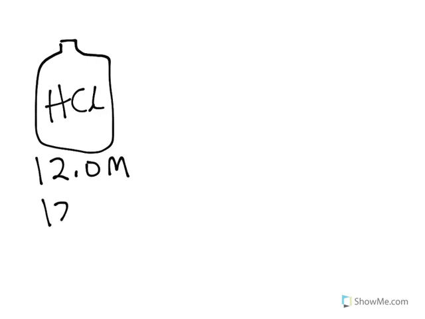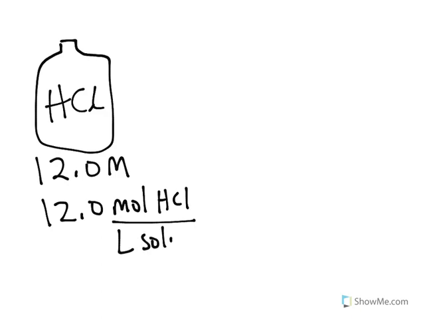Remember, that would be the same as 12 moles of HCl per liter of the solution. And that solution would be the water combined with the HCl. Okay, this is what we call a stock solution.